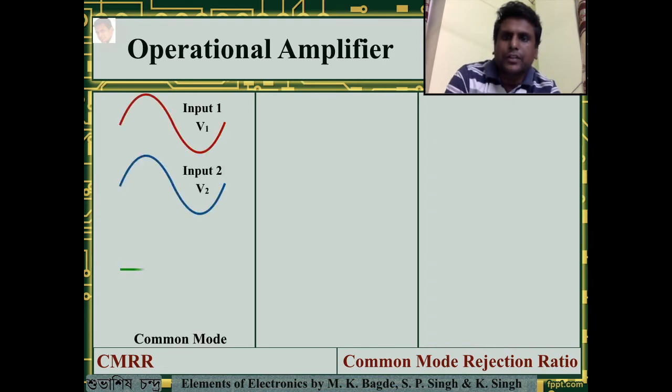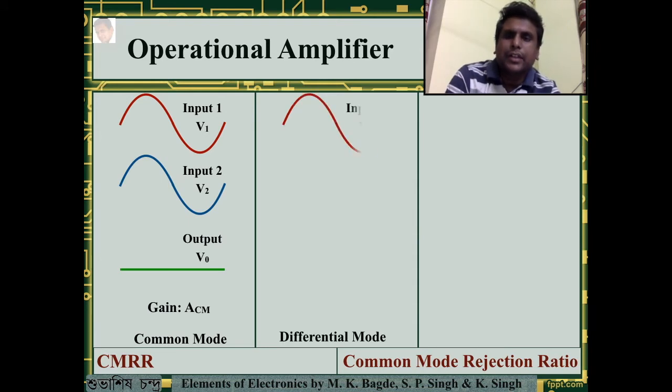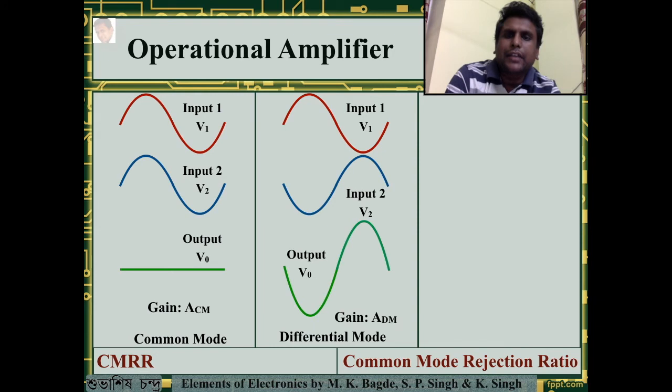In the case of common mode signals, they are rejected, and the gain for an ideal differential amplifier for common mode signals should be 0, but in practical circuits you receive a certain value, and that gain is represented by ACM. In the case of differential mode, the gain is ADM. The common mode signals are rejected, and this action is called common mode rejection.